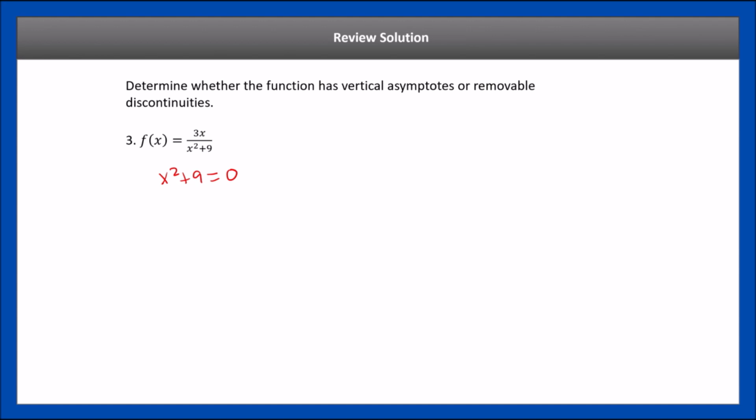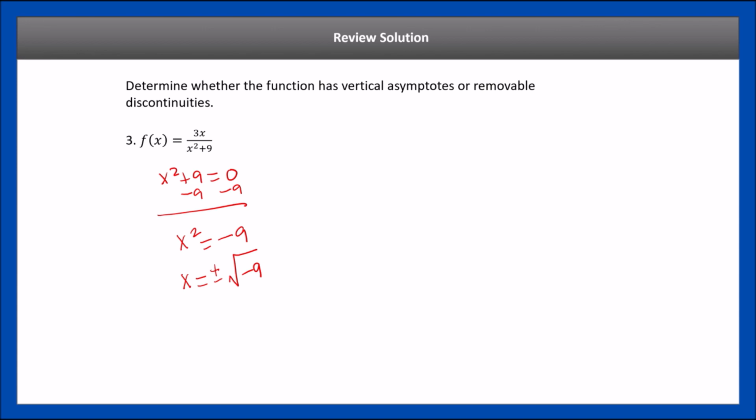Well, if we do this, we know that there is no number. If we try solving this, if we subtract 9 on both sides and try taking the square root, well, we can't take the square root of a negative number in the real numbers, right? The solution is complex. It's a complex number, or two complex numbers.